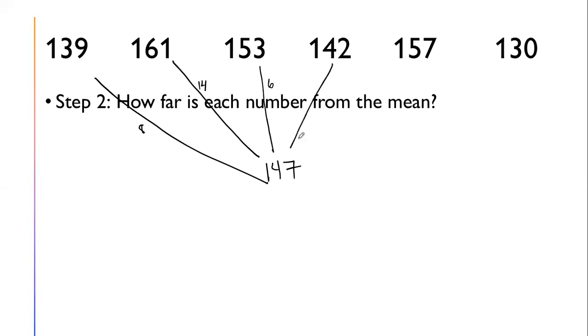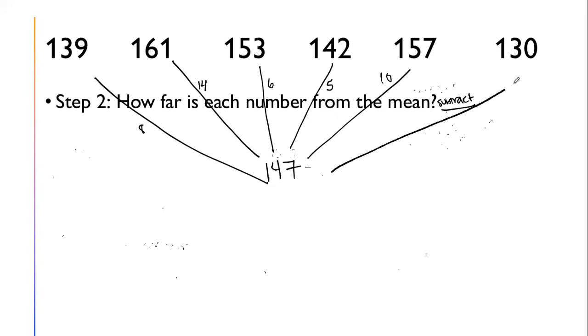How far is 142 from 147? 5. How far is 147 from 157? 10. And then how far is 130 from 147? 17. So this is how far each number deviates from the mean.